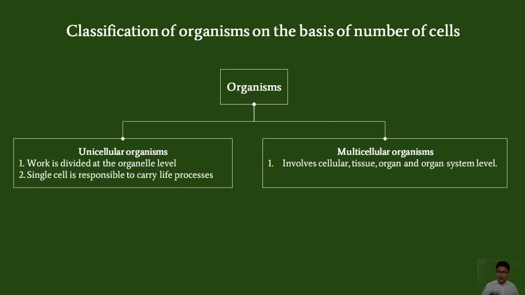So in multicellular organisms, there are cellular, tissue, organ or organ system levels of organization, and works or functions are divided among different cells, tissues, organs or organ systems. So we have two different types of living organisms on the basis of number of cells, that is unicellular and multicellular.